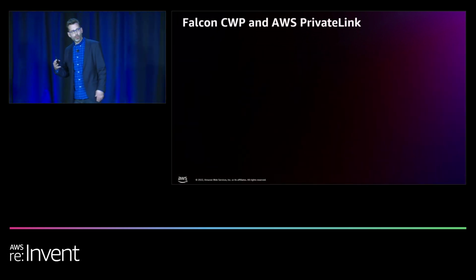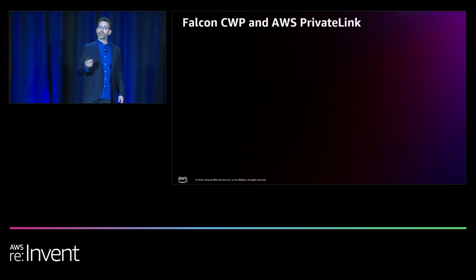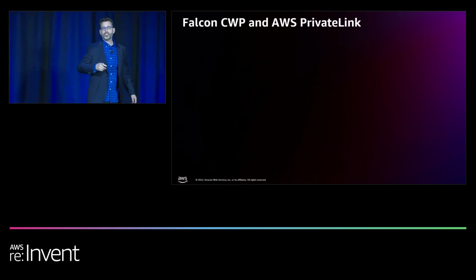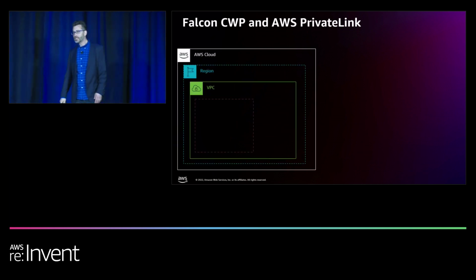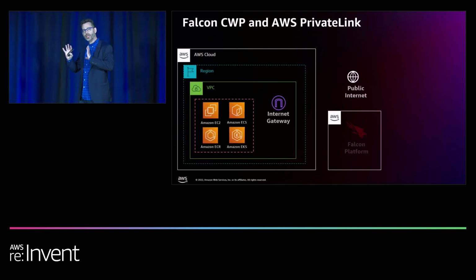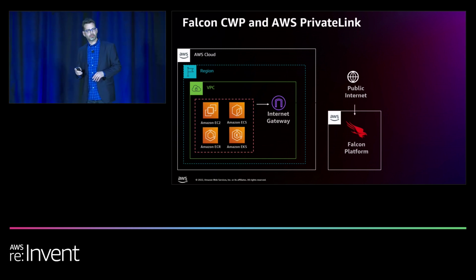Now, finally, we talked about the event stream that your sensors are generating all the time. That event stream is being delivered to the Falcon Cloud Security Cloud. Typically, that traffic would egress into public IP space.